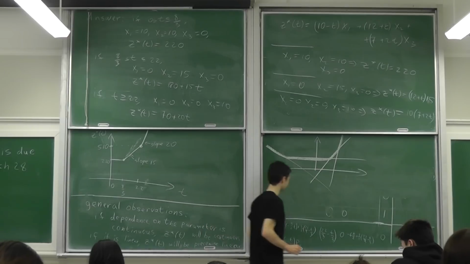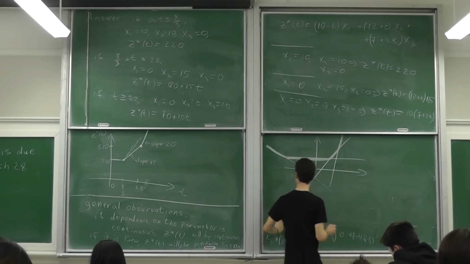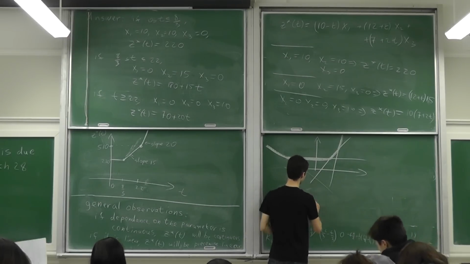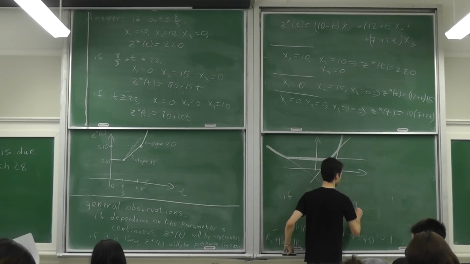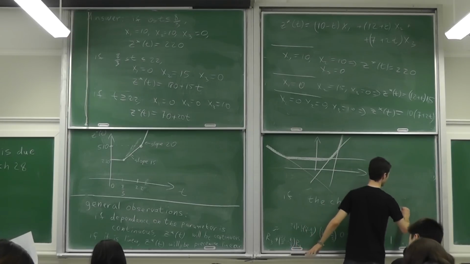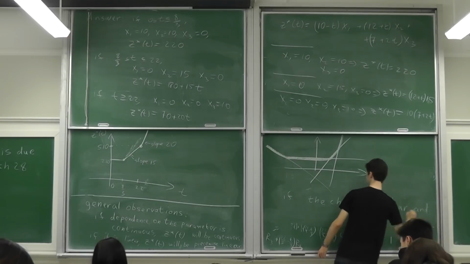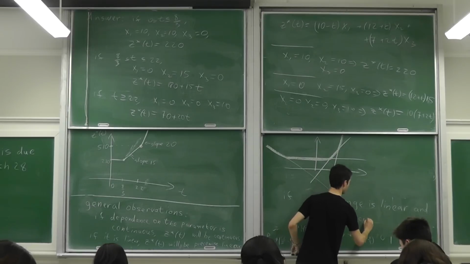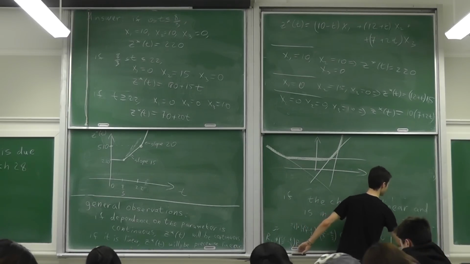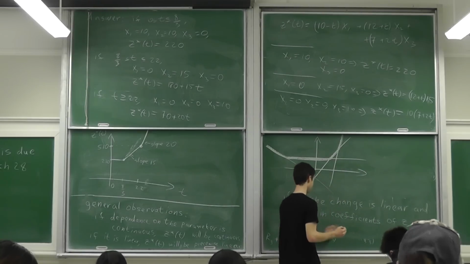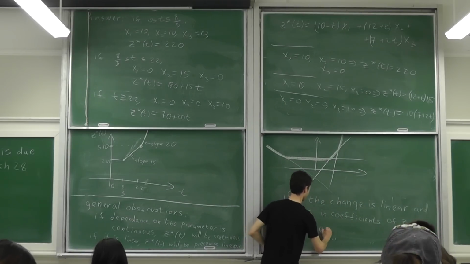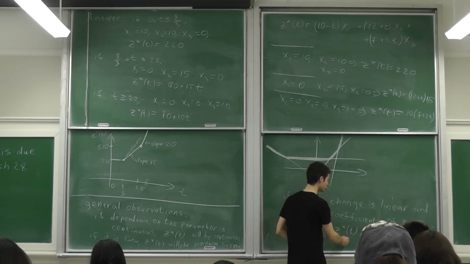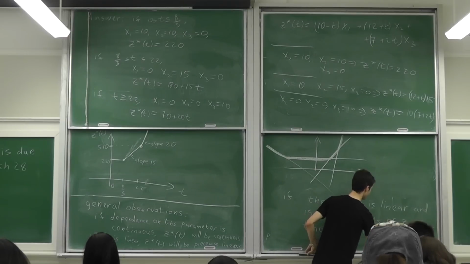So the last point is, if the change is linear in the coefficients of z, then the dependence of the objective function on t, this function is concave up.